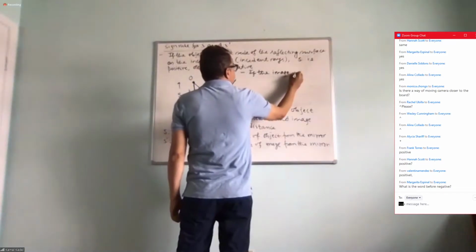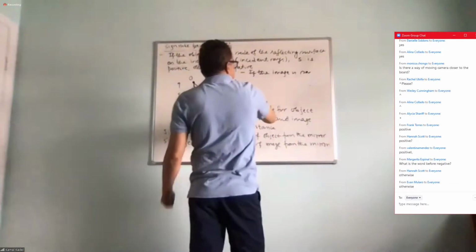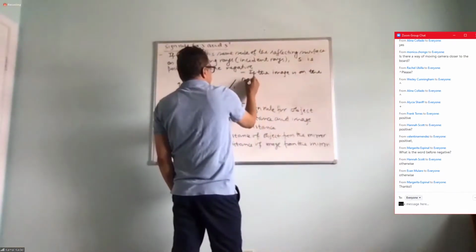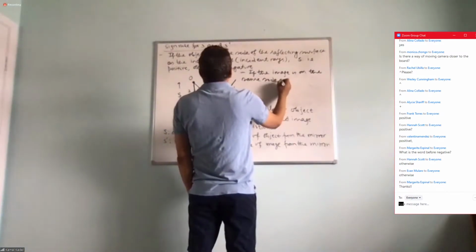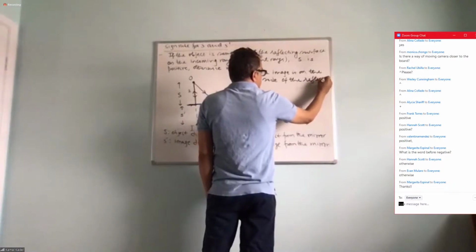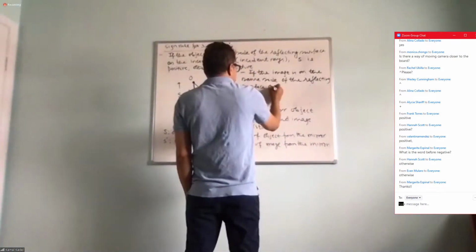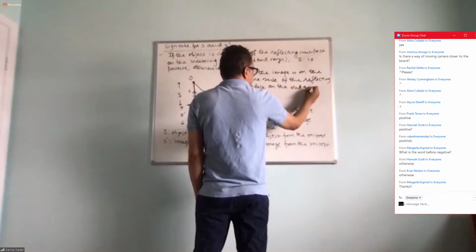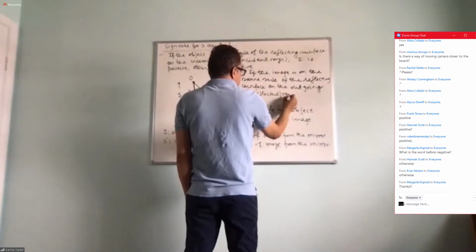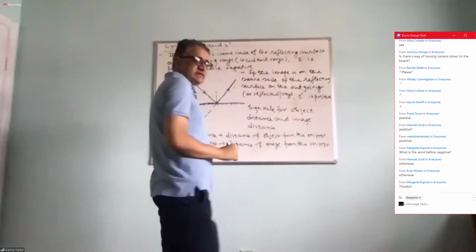If the image is on the same side of the reflecting surface as the outgoing or reflected rays, S prime is positive, otherwise negative.